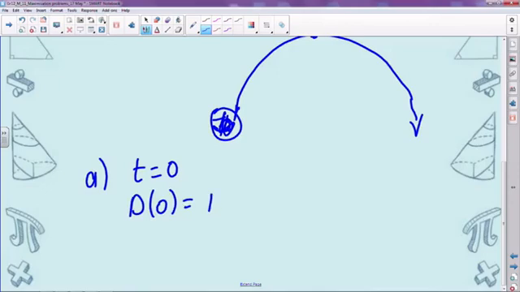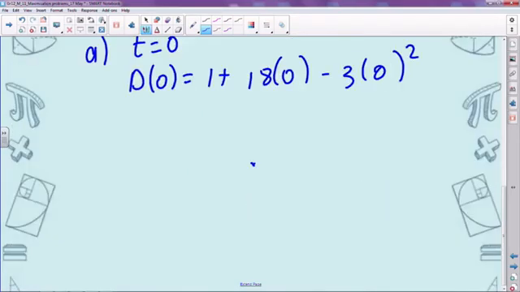So it's going to look like this: 1 plus 18 times 0 minus 3 times 0 squared. If you have a look at that, you'll get an answer of 1 meter, because those two values will cancel out to give you 0. So the initial height of the ball is already 1 meter in the air when you kick the ball.